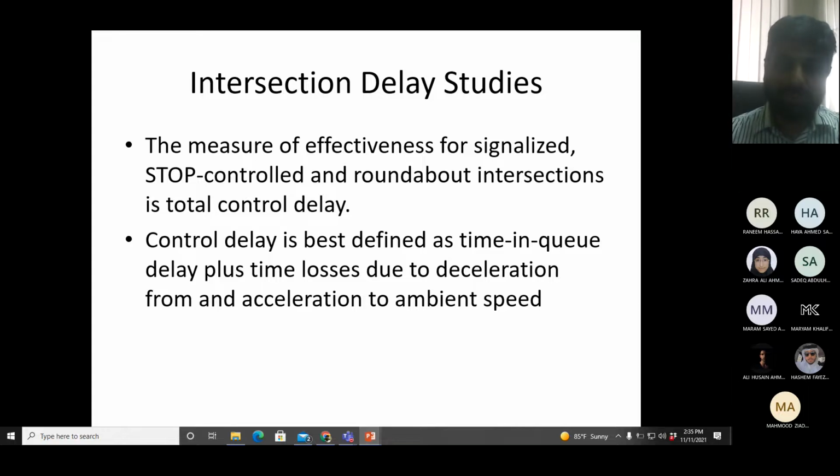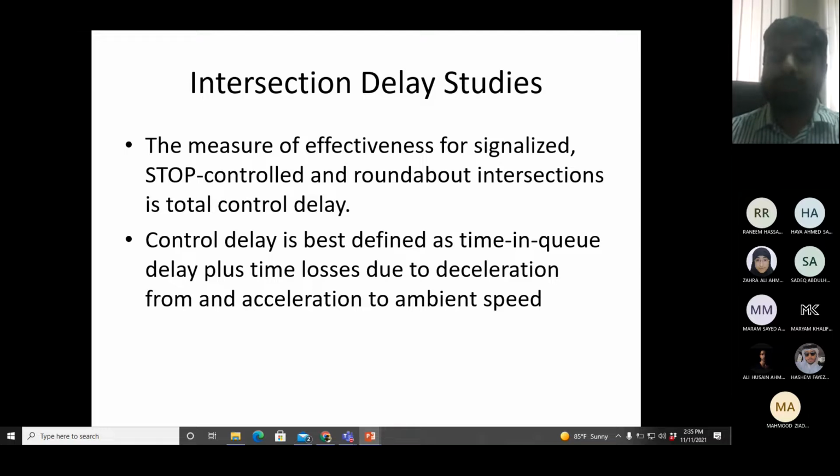Okay. On an intersection, since the roads are intersecting, everybody has to slow down or stop. So if you are trying to measure the effectiveness of an intersection using speed or flow, it will always be very low. It will always fail in that regard. But if you go for delay studies, then we can measure the effectiveness of the devices which are used at the intersection.